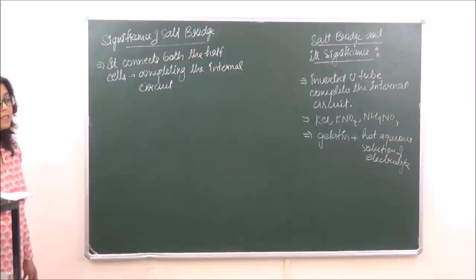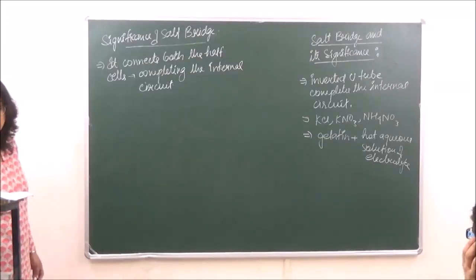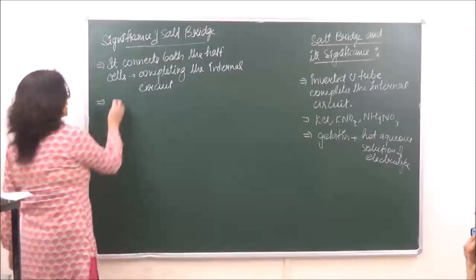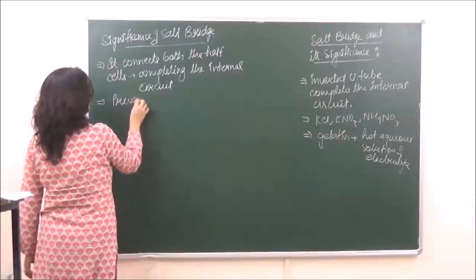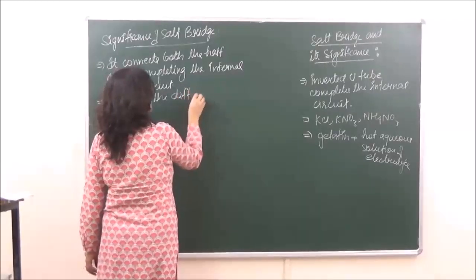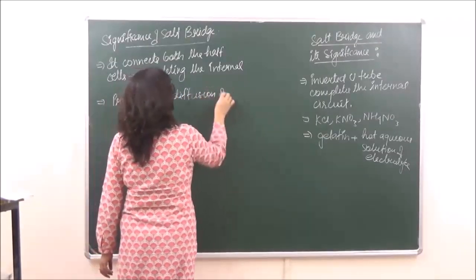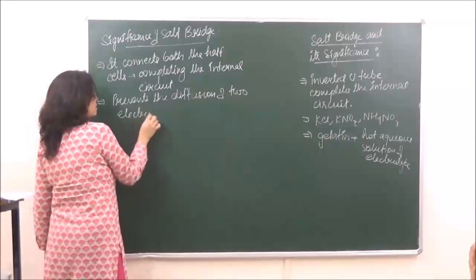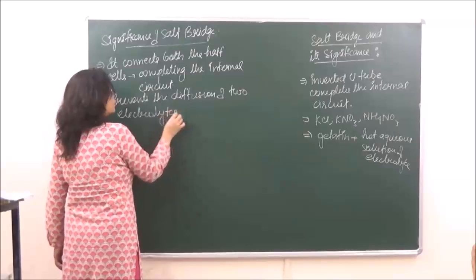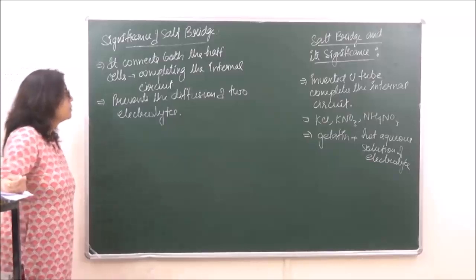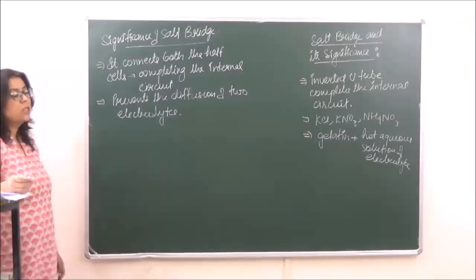This is the first and foremost significance of the salt bridge. Then the second one is it prevents the diffusion of solutions of two electrolytes. The two electrolytes which are present in separate compartments can be prevented from diffusion by using the salt bridge.